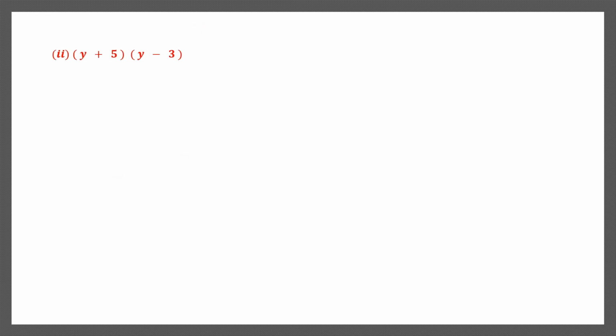Question 2. So here also first step is the first term of both the binomials. You multiply y into y plus. Now take the outer terms, that is these two. So that will be y into minus 3 plus the inner terms 5 into y. Then we have finished with this. Now let's multiply the second term of the binomials, that is 5 into minus 3.